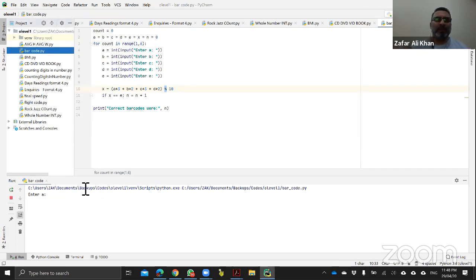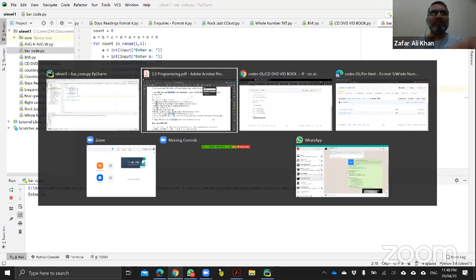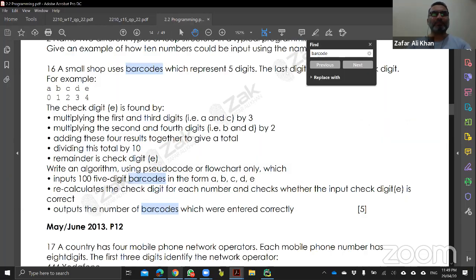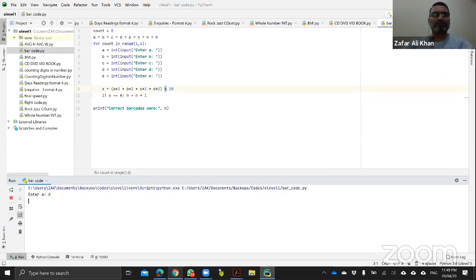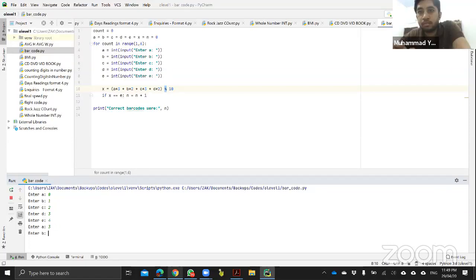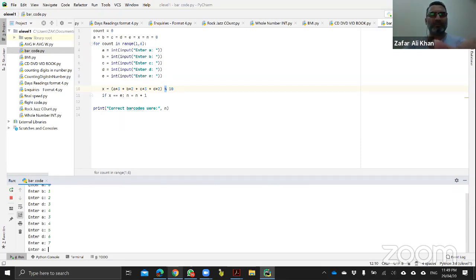Over here, it says enter A. What was it there? Let's check it: 0, 1, 2, 3, 4. A is 0, B is 1, C is 2, D is 3, E is 4. Then it will go on for 5 times. So 3, 4, 5, 6, 7.